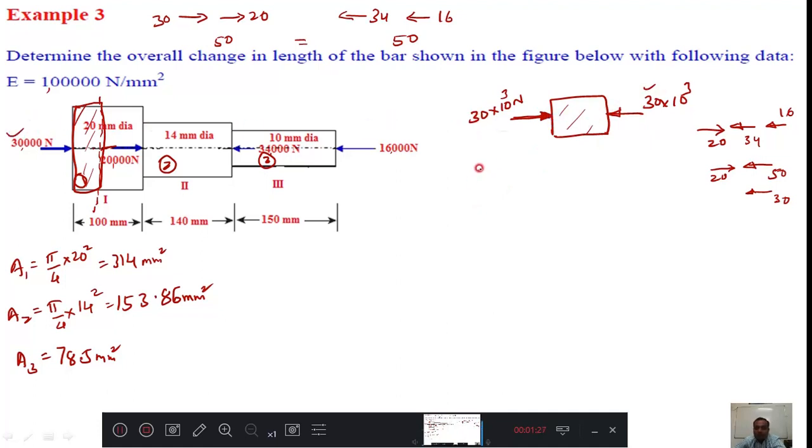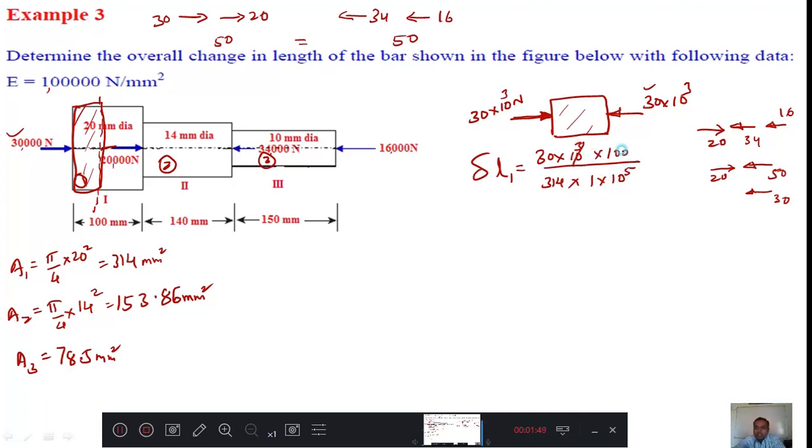Now you got it. Then calculate delta L1 equal to PL by AE. P into L is how much? 100 mm divided by A, which is 314, into E, which is 1 into 10 raised to 5.